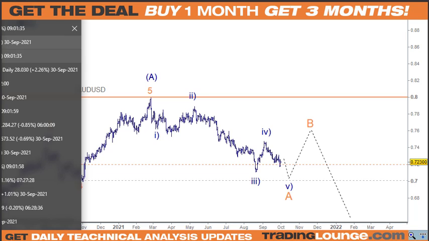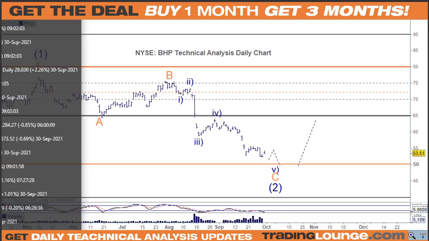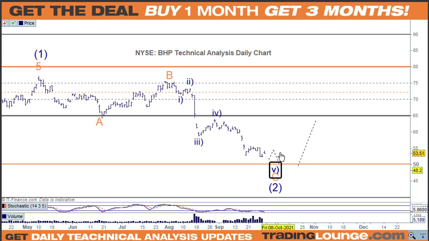So we're just going to have a look at BHP, which I missed yesterday. Sorry about that. I'll just start with the ADR here. So this move here, if I count from this point just there, we've got 1, 2, 3, 4, and 5 to here. Now that may go down a bit further, but we've still got this wave 1 here, unless that's all the A, the B, and the C to that point, but I don't think so.